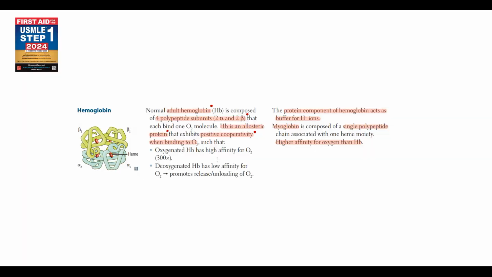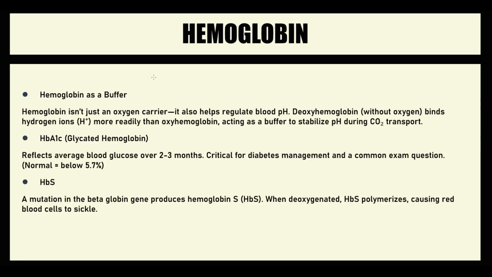So, as we see, due to the positive cooperativity, hemoglobin that carries oxygen has 300 times higher affinity for oxygen than deoxygenated hemoglobin. And in turn, hemoglobin without oxygen has lower affinity for oxygen and high affinity for carbon dioxide. Also, hemoglobin can to some extent regulate pH, we call it a buffer function.